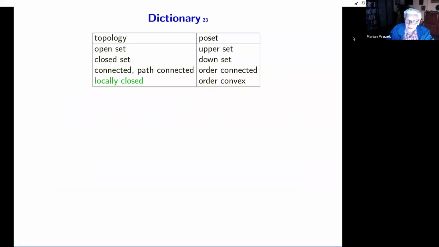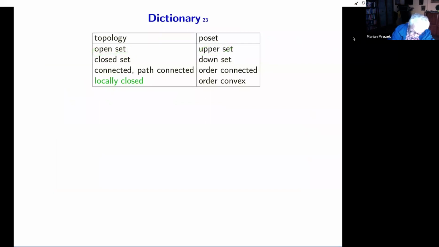And the last thing from this world of finite topological spaces we will need: there is a dictionary. I already mentioned that via this Alexandrov theorem, we can translate everything from finite topological spaces to posets. So in particular, open sets correspond to upper sets.